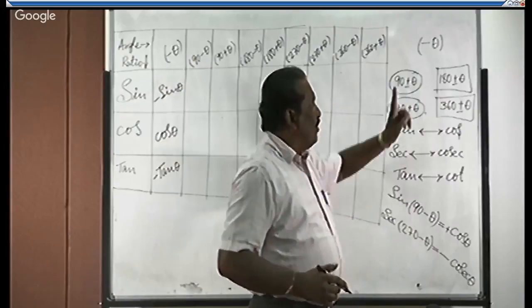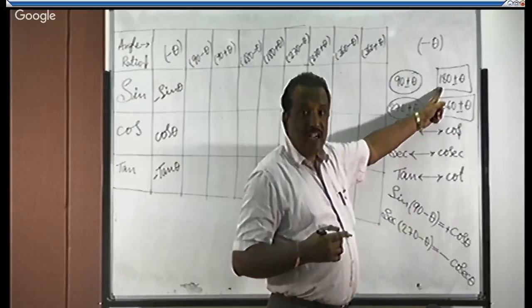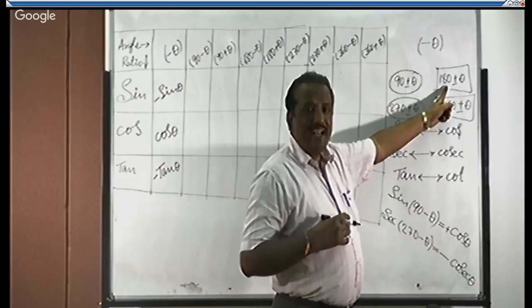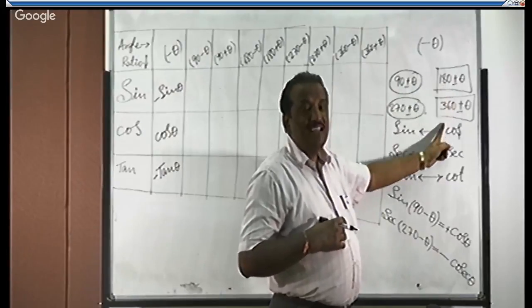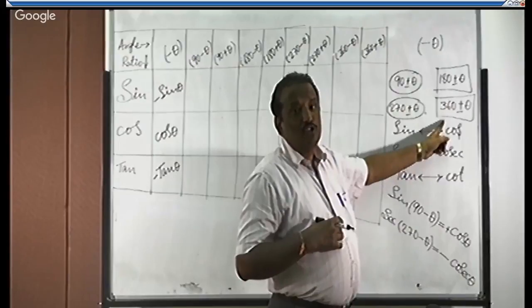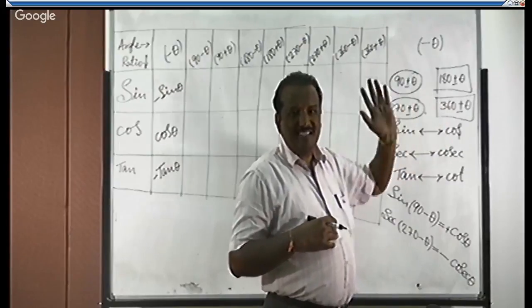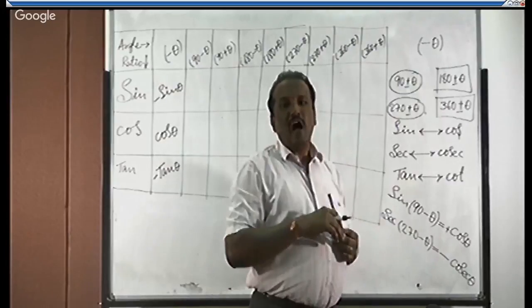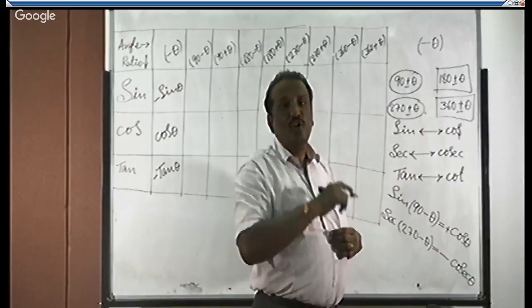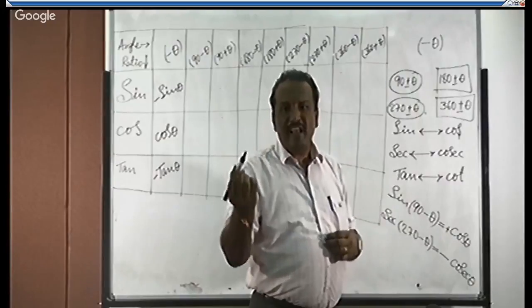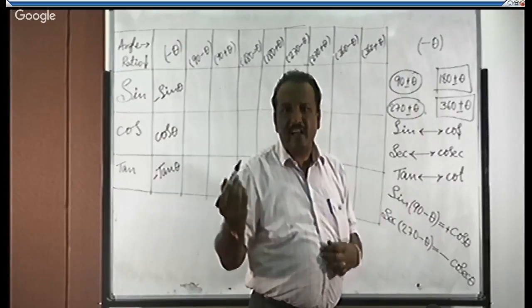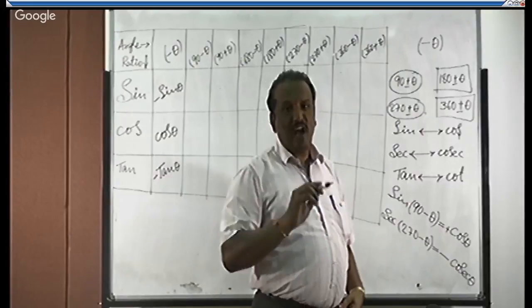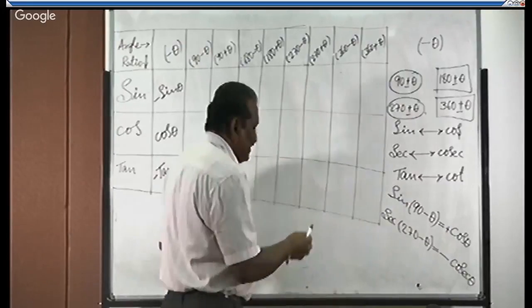I repeat, whenever we are going to connect any trigonometric function for the angles of 180 plus or minus theta, 360 plus or minus theta, whatever trigonometric function is on the LHS, write the same trigonometric function on the RHS. In this case also, whether the RHS will take a plus sign or minus sign is decided by using the ASTC rule of signs. I hope you understand. Let us take one example.